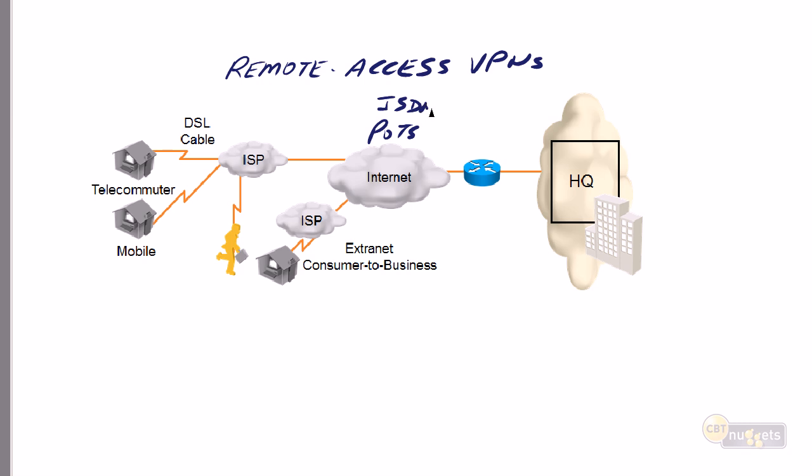Okay, and adding authentication services to that and possibly some encryption services. So this is really the new way to support telecommuters, mobile users, some of our business to business or consumer to business traffic where we have remote access users, people that are traveling. Okay, they're in airports or in hotel rooms, they're in their homes sometimes, but they're back in the headquarters sometimes. They bounce around from remote office to remote office or branch office to branch office.